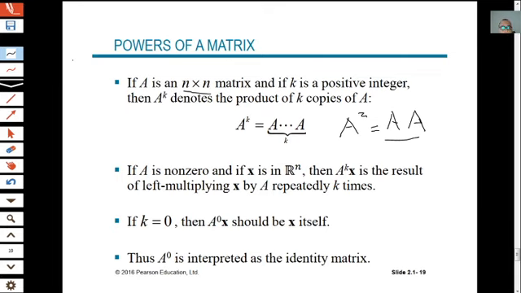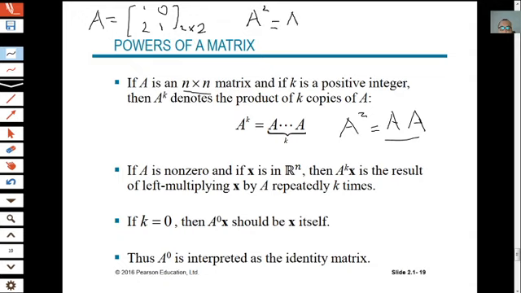Simply, let's give an example. A has the entries 1, 2, 0, 1. We have a 2 by 2 matrix, so we want to find A to the power 2.